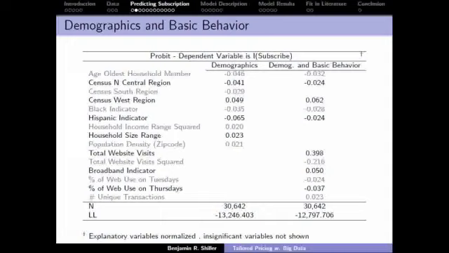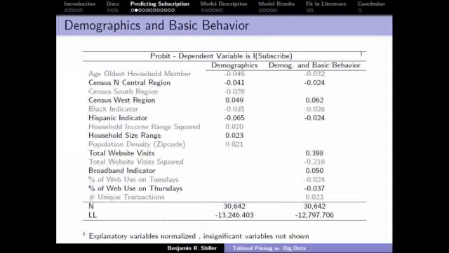And the second thing is once you add these basic web behavior variables, some of the demographics drop out. So the idea here, at least the way I view this, is that the demographics are a very rough approximation of some information, which is better captured in the basic web behavior variables.